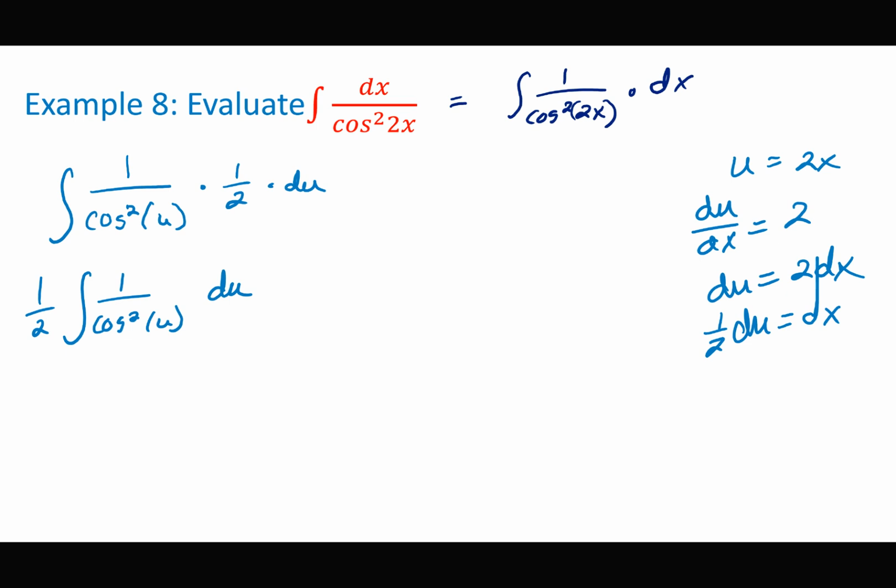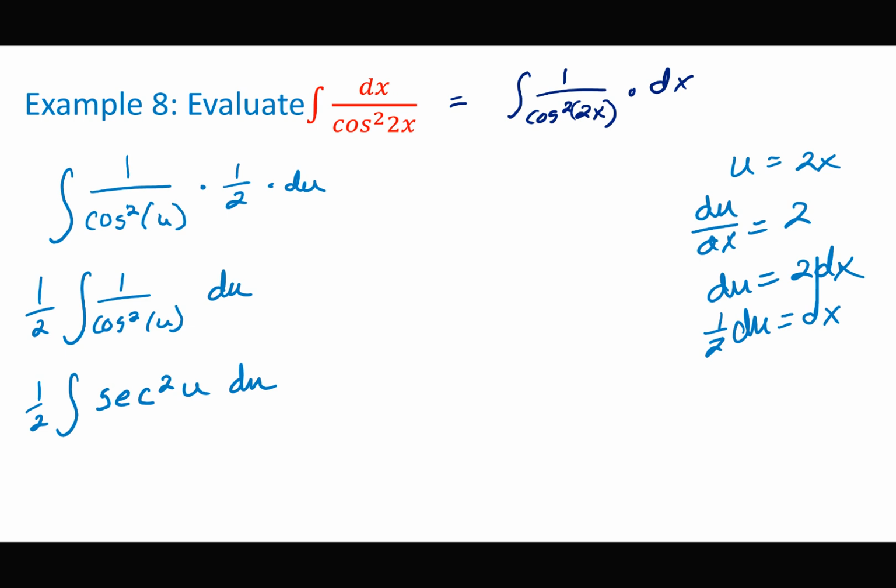Okay, 1 over cosine squared of u. Think trig functions, not any derivative rules. 1 over cosine is the same as what? This is the same thing as secant squared of u du.